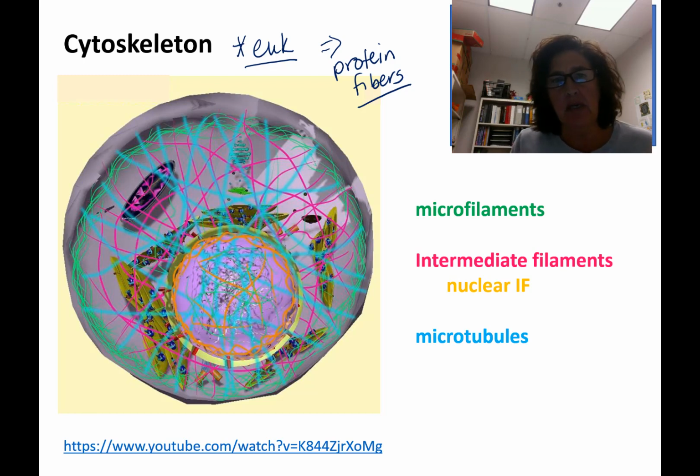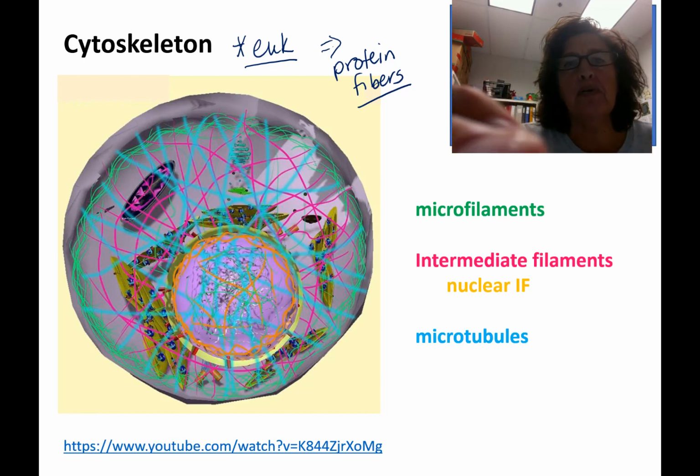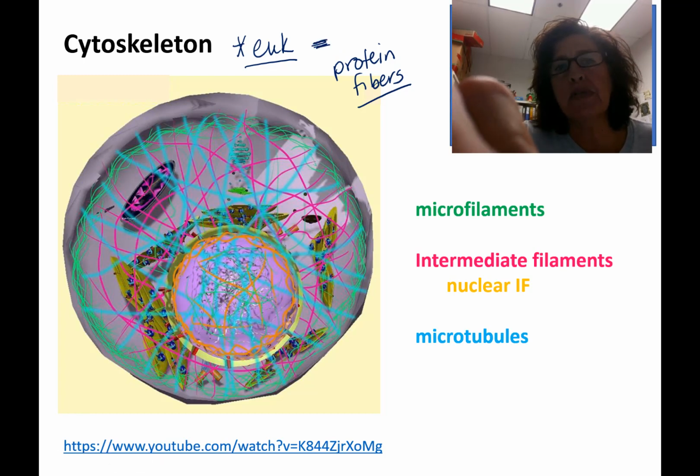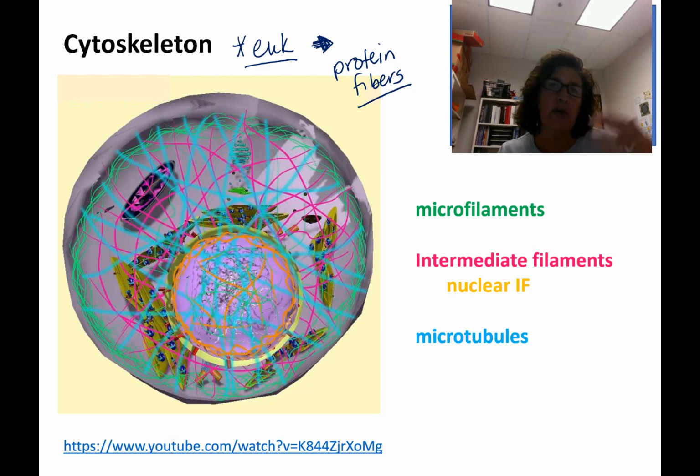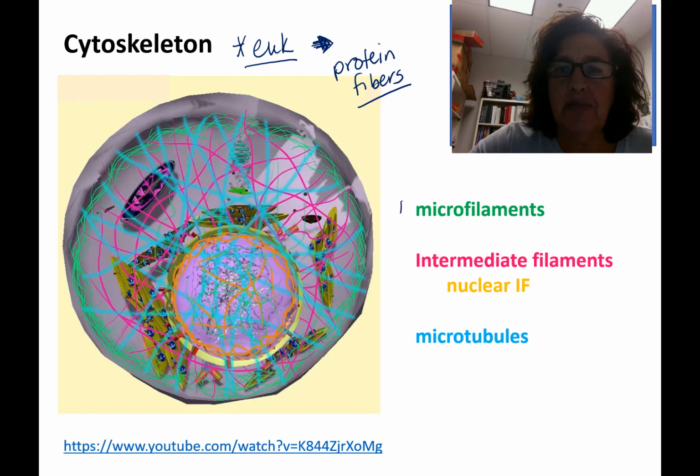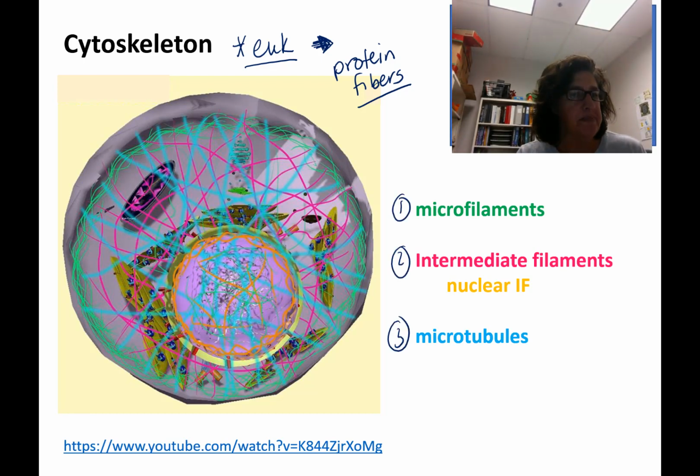You need protein in your diet. Proteins are one of the most diverse types of macromolecules as far as functions in the cell. So I mentioned enzymes are proteins. Now you know that the cytoskeleton is also made of these long protein fibers. You've got three types, and we're going to talk about each type in a second individually.